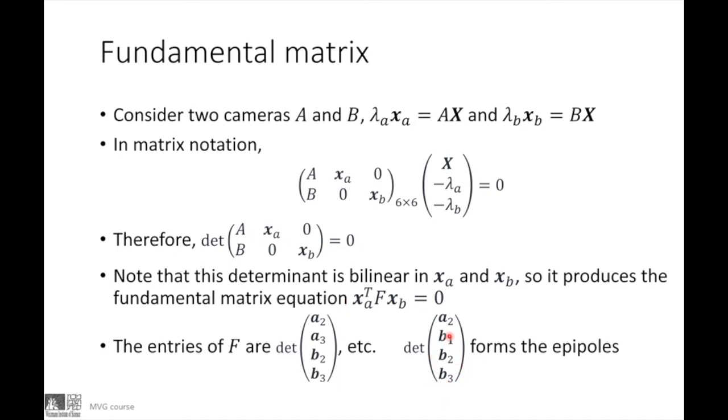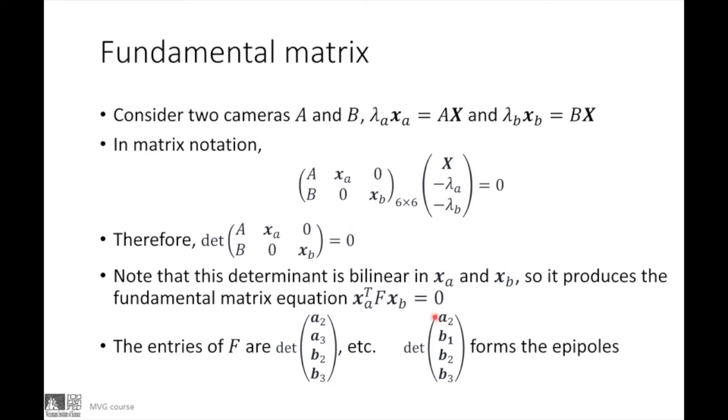If you look at the determinants that take 1 row from camera A and 3 rows from camera B, you will get an epipole. There are 3 ways to choose the first row here, and that gives you the 3 components of the epipole.